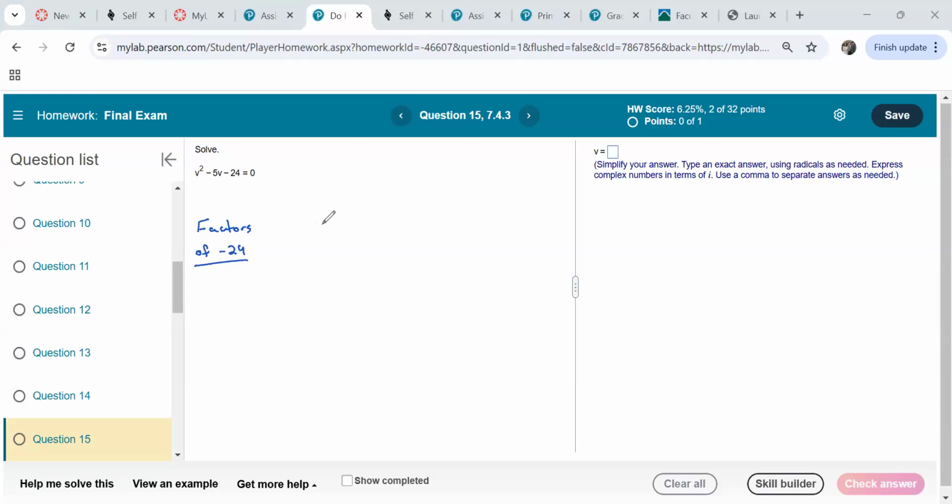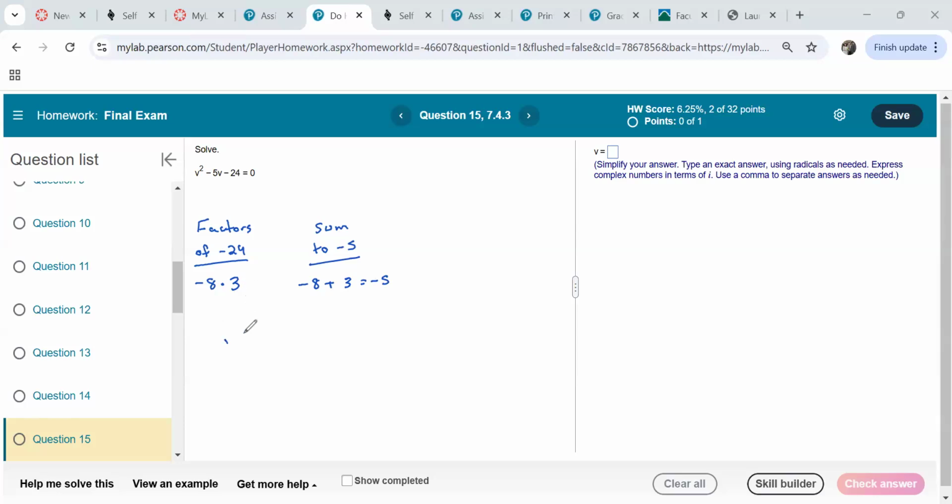They're factors of 24, and I want to see if they sum to -5. So I know -8 times 3 should be working because those multiplied give me -24. -8 plus 3 would give me a -5.